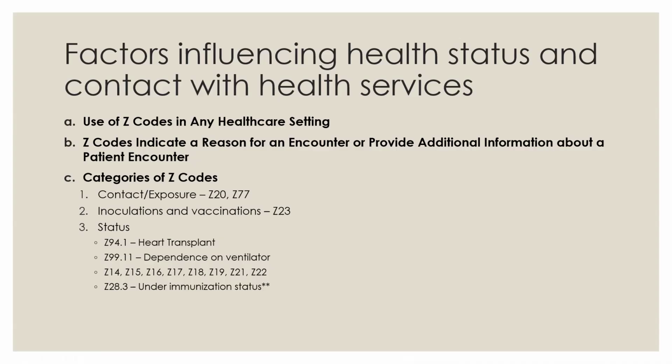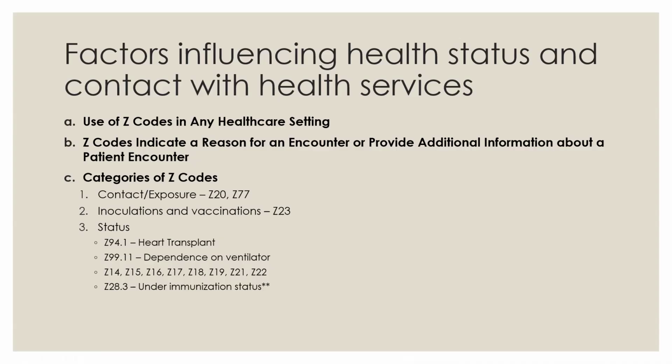Z16 is for resistance to antimicrobial drugs. This category indicates that a patient has a condition that is resistant to antimicrobial drug treatment. Sequence the infection code first. Z17 is for estrogen and other hormones and factors receptor status.